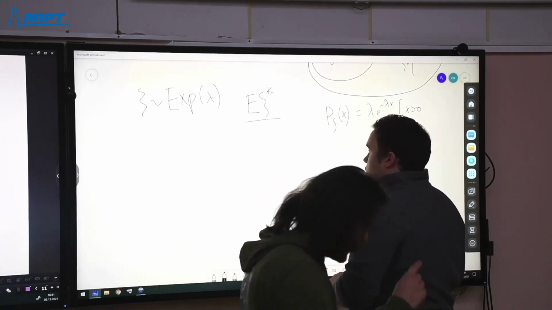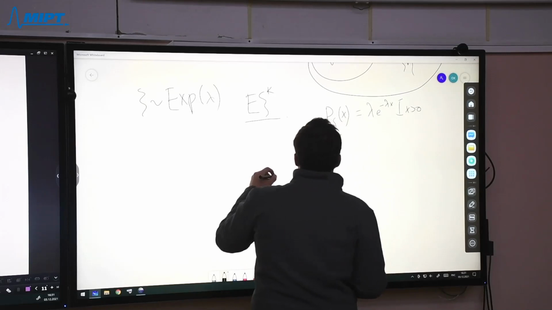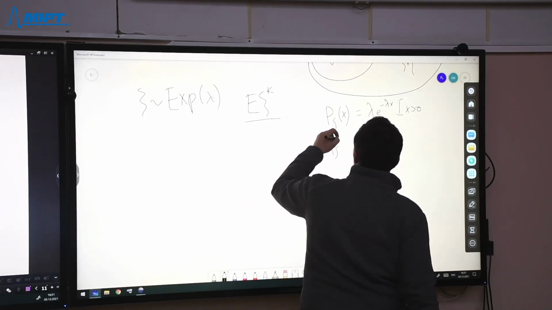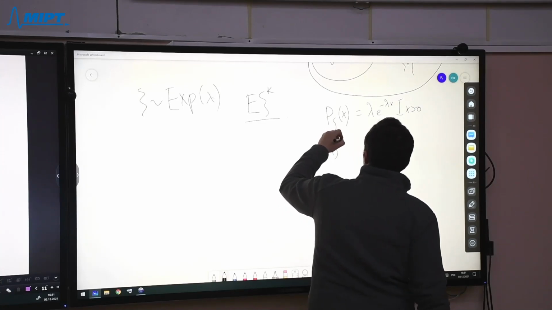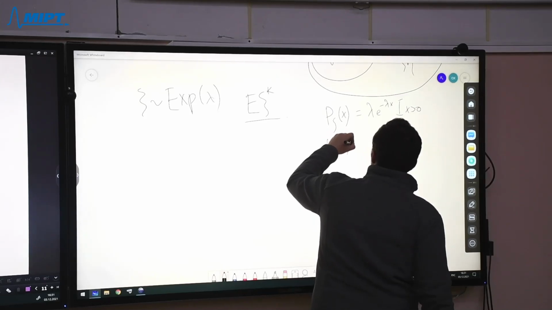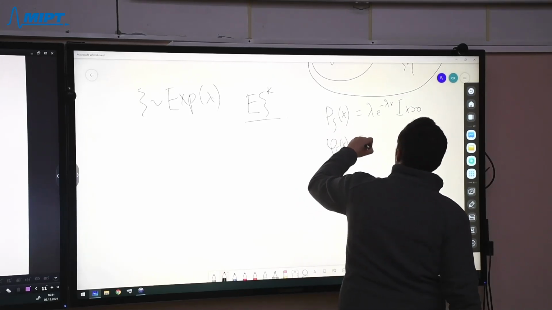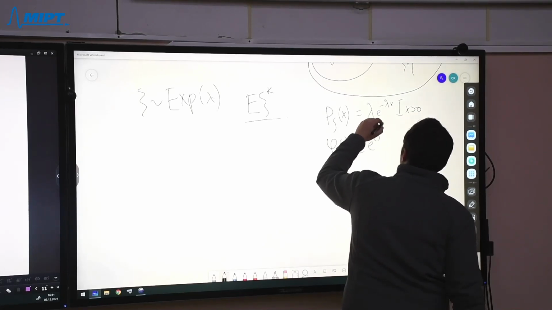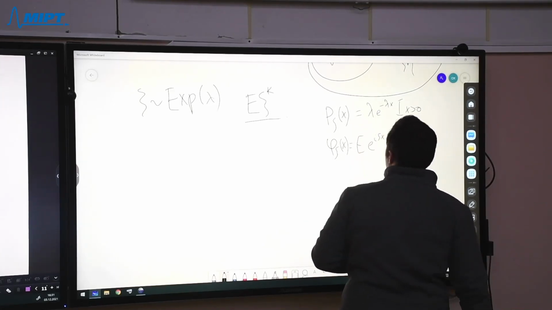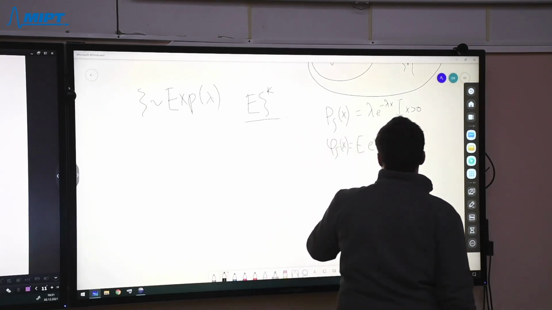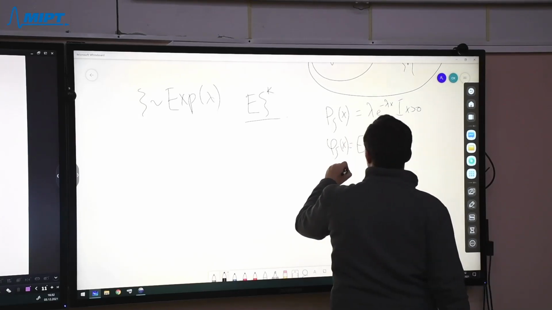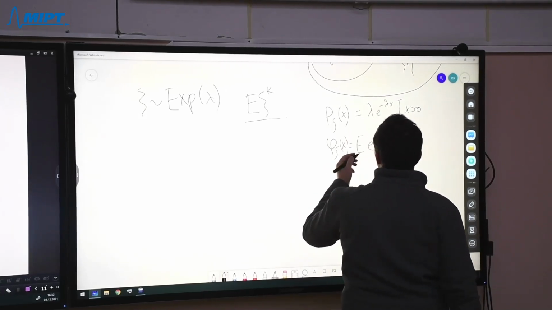Now we need to find the characteristic function of psi. So we know that the characteristic function of some random variable psi at t would be the expected value of e to the i psi t. Now we can plug this in, or we can use the density, right?